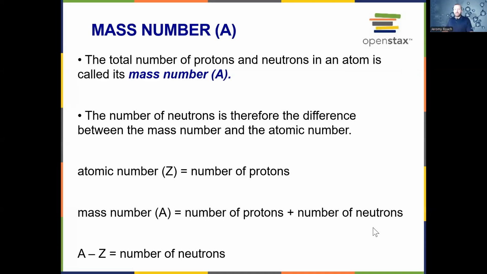If we want to find the number of neutrons, we can subtract the atomic number from the mass number. So atomic number tells us the number of protons, mass number is protons plus neutrons. If we subtract the difference, we are just left with neutrons.